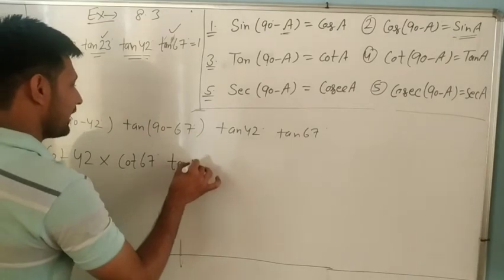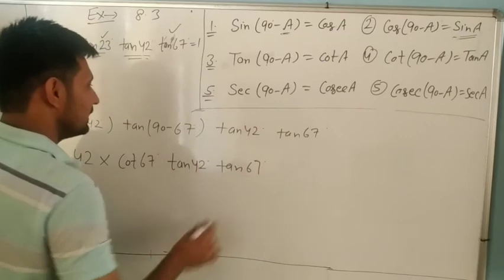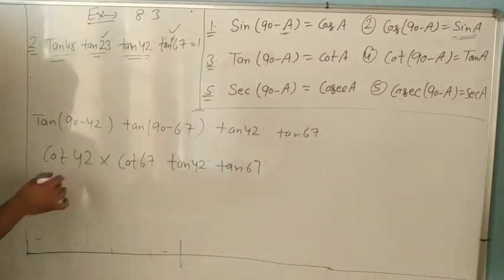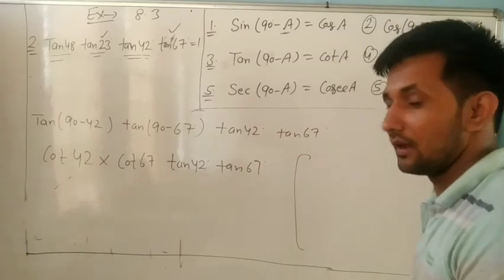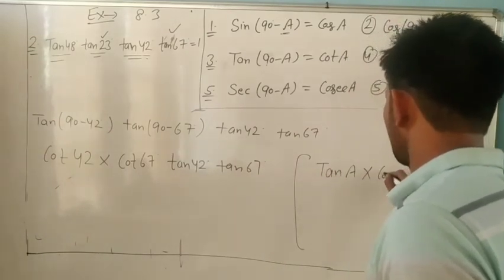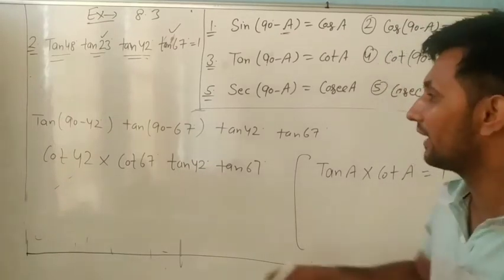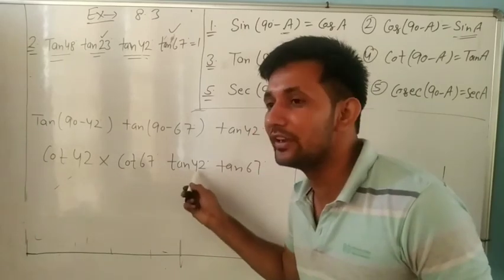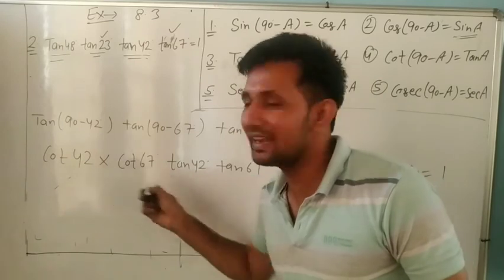Multiply tan 42 into tan 67. Yes, can we cancel this one and this one? Why not? Look at, do you remember now the formula? Tan A into cot A is always 1. Tan 42, cot 42, it means A, or not?